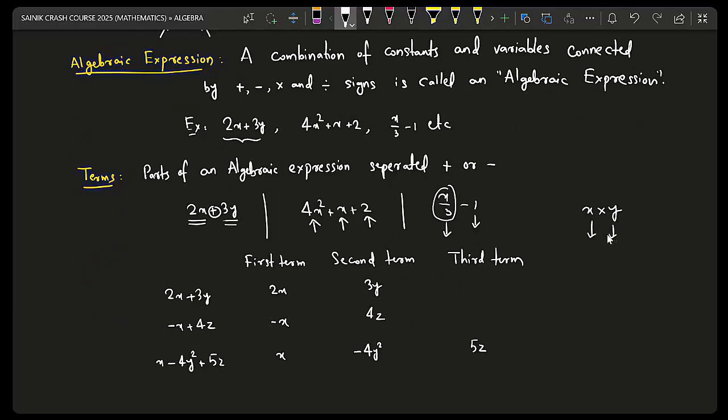That is wrong, because into is not going to divide the terms. This is treated as a single term. x into y in algebra is treated as a single term xy. You understand? Okay, sir. Why? Because into and division won't separate the terms. Only plus and minus are going to separate the terms. Is it clear? Yes, sir.